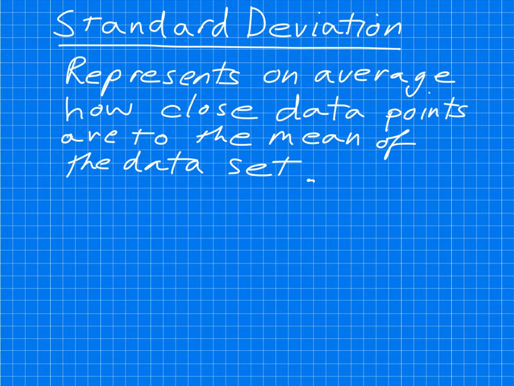Mathematically, standard deviation looks really impressive. I'm going to represent standard deviation as SD, since they didn't give another variable to use in your lab manual.